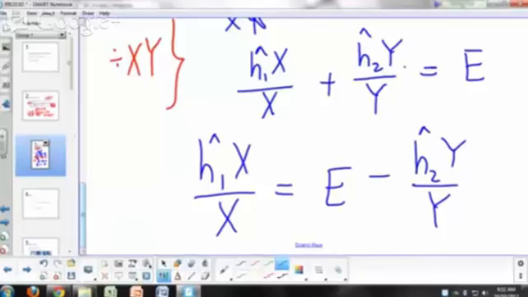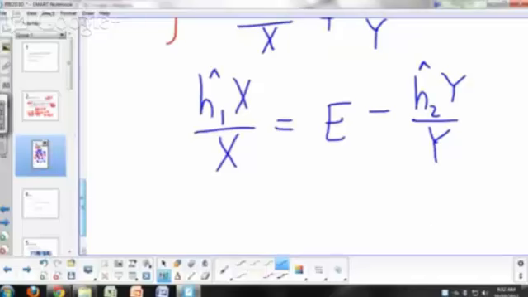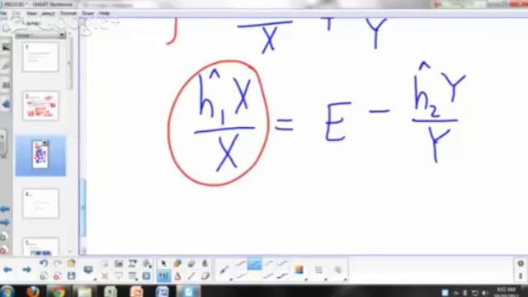Now we come into a similar situation that we arrived at when we tried to separate time and space earlier for our time-dependent Schrodinger equation. You have an expression on the left that would have the variable x in it, right? So this depends on x.